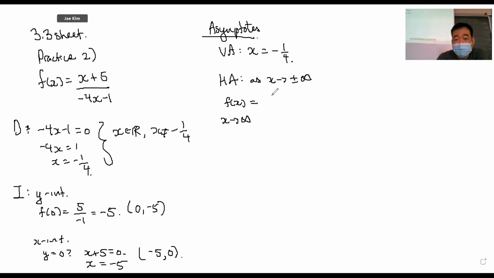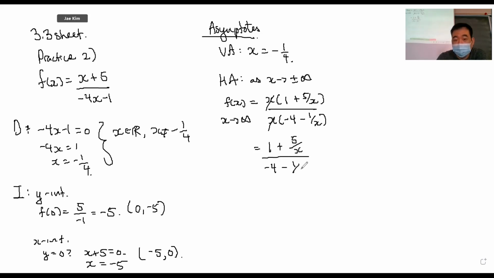Well, it would be, let's divide out. That's 1 plus 5 over x, over negative 4 minus 1 over x. Simplified, 1 plus 5 over x, which is going to be essentially a 0, and negative 4 minus 1 over x, which is essentially going to be a 0.